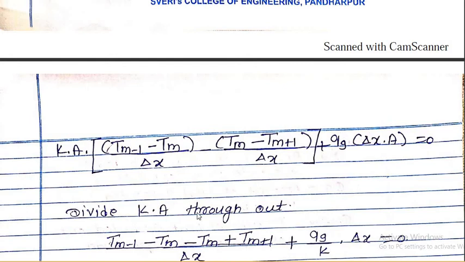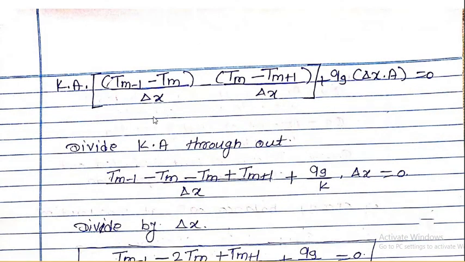Since delta x is common, we can subtract the two numerators, so we get T suffix M minus 1 minus T suffix M minus T suffix M plus T suffix M plus 1, whole divided by delta x, plus q g divided by k multiplied by delta x is equal to 0.